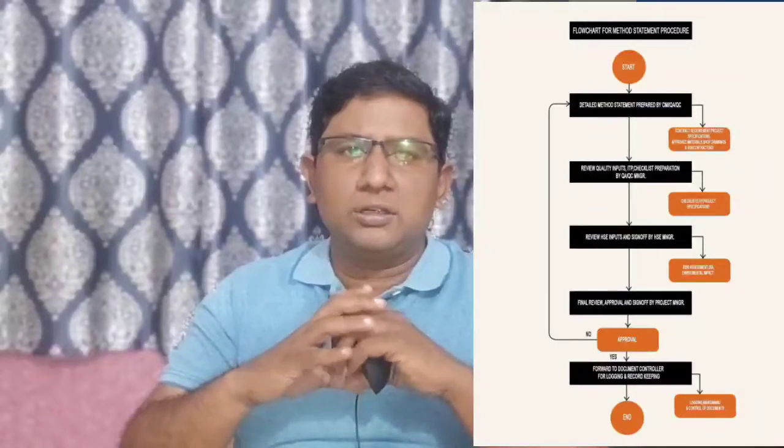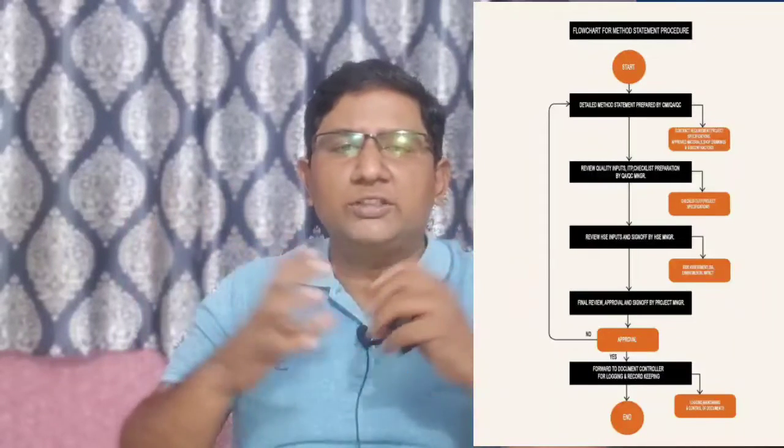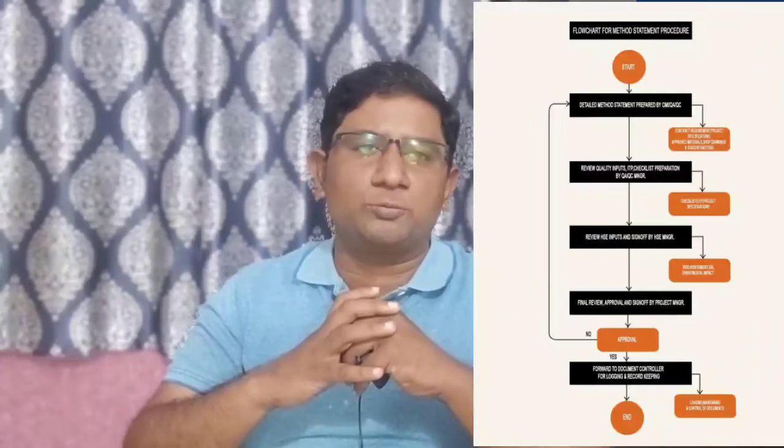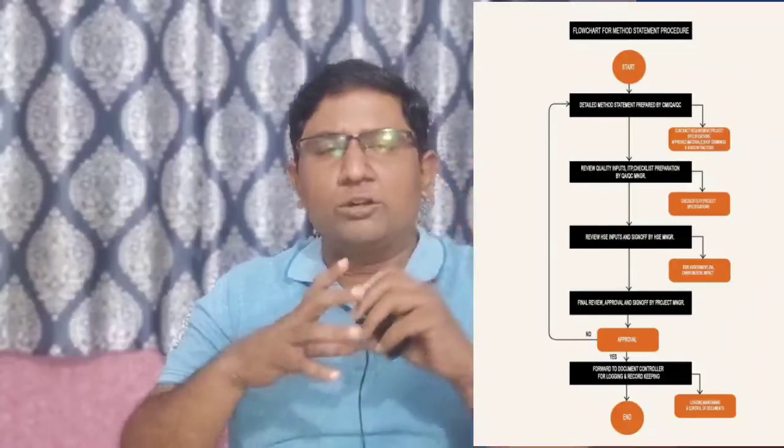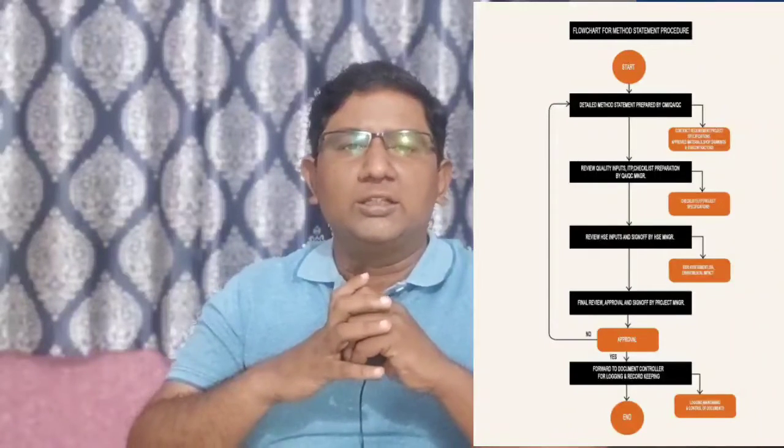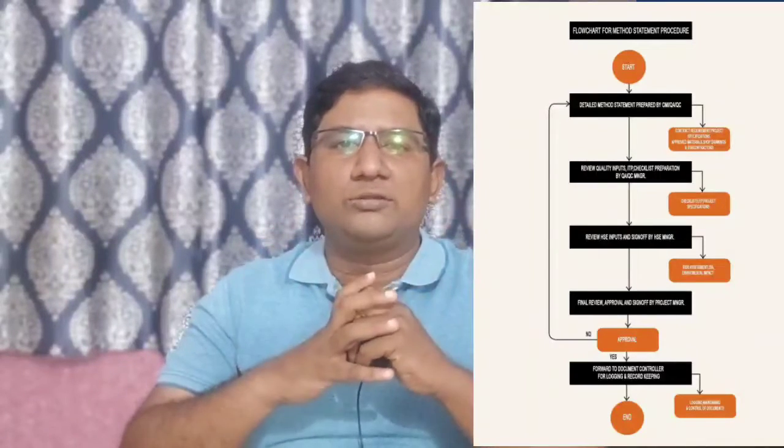Now, you can see a flow chart of a method statement. I will not be explaining it in detail because it varies from project to project. But this flow chart, what you are watching on your screen, is an ideal flow chart which is generally applicable for all the projects. This flow chart runs from generation of the method statement till the approval of the method statement.